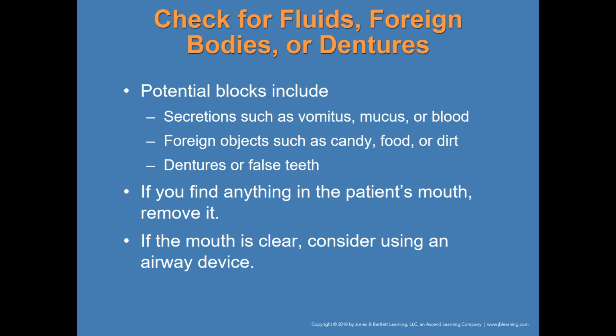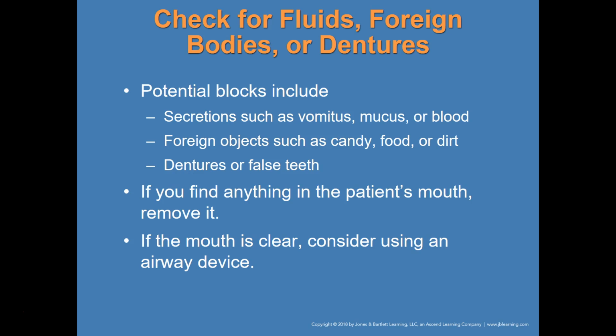Now we need to check for fluids, foreign bodies, or dentures. Stuff that can block the airway include vomit, mucus, blood, foreign objects, candy, food, dirt, toys in kids, whatever.